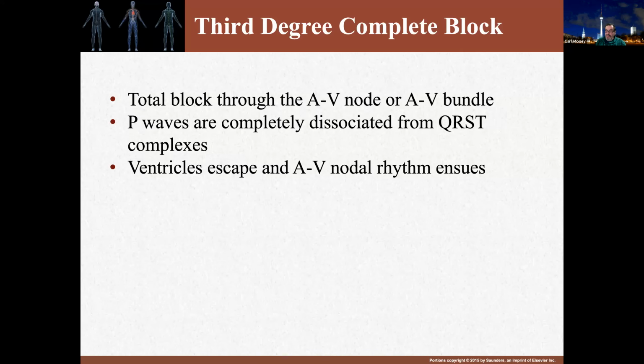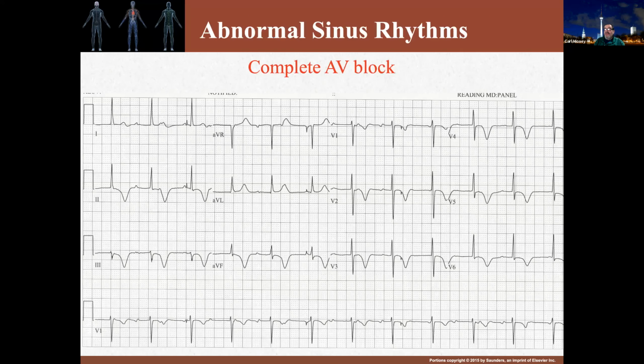What this looks like on the EKG tracing is this. The rhythms are regular, but both the atria and the ventricles have independent rhythms. The P waves tend to be normal, but may get superimposed over the QRS complexes. There is no correlation between the P wave and the QRS. So in fact, one cannot really legitimately speak of a PR interval.